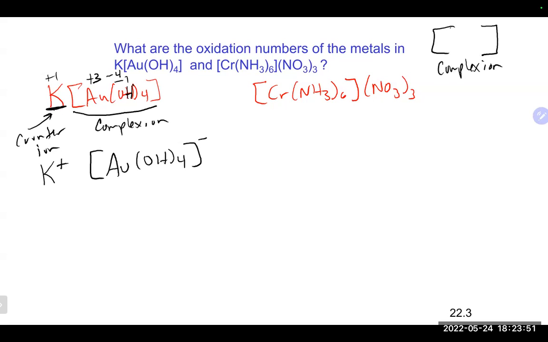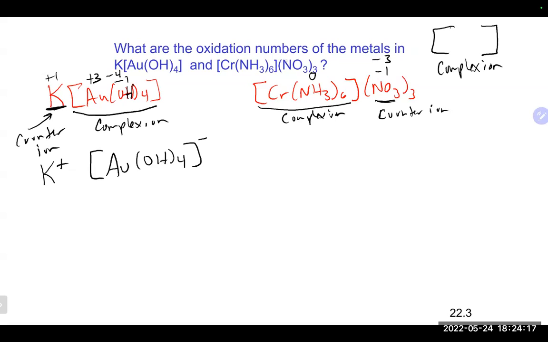Question on that there. Coming over here, once again, this is our complex ion. Over here, our nitrate would be our counter ion. So NH3 has no charge. Nitrate is -1, and there are 3 of them, which gives us a -3.